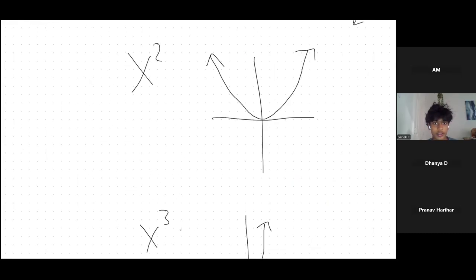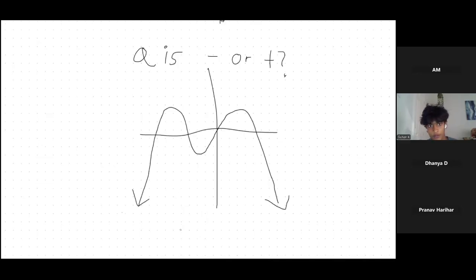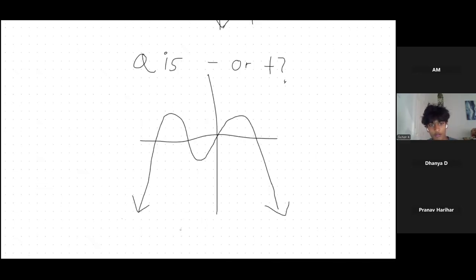Oh yeah, so I'll have a question for you guys. On this graph, is a positive or negative? Danya and Pranav, y'all haven't answered anything. Y'all want to go ahead and give this one a try?